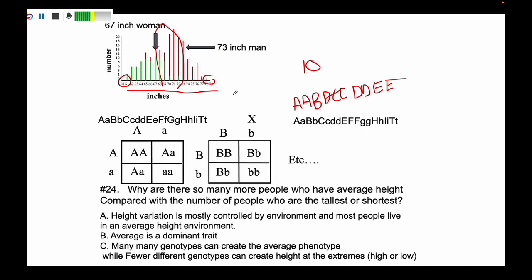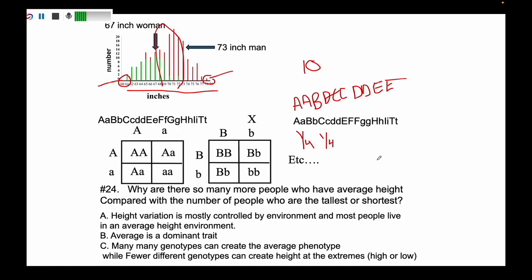But how about the tallest or the shortest? If the tallest has all uppercase alleles, then that would only occur a quarter of the time at the A locus, a quarter of the time at the B locus or B gene pair, etc. And so there would be a very low probability of getting that extreme.